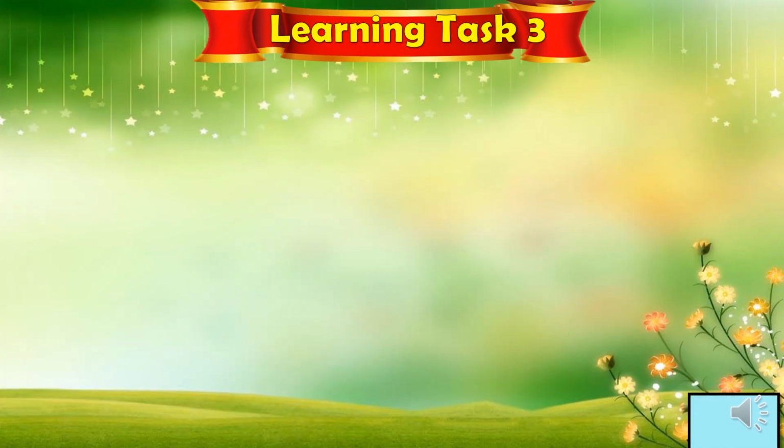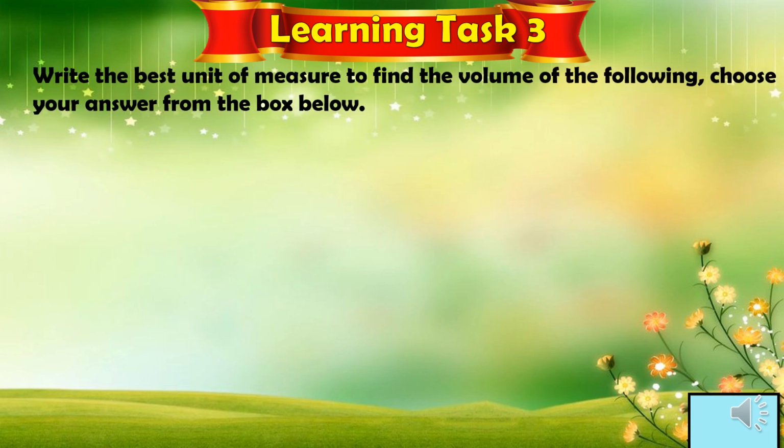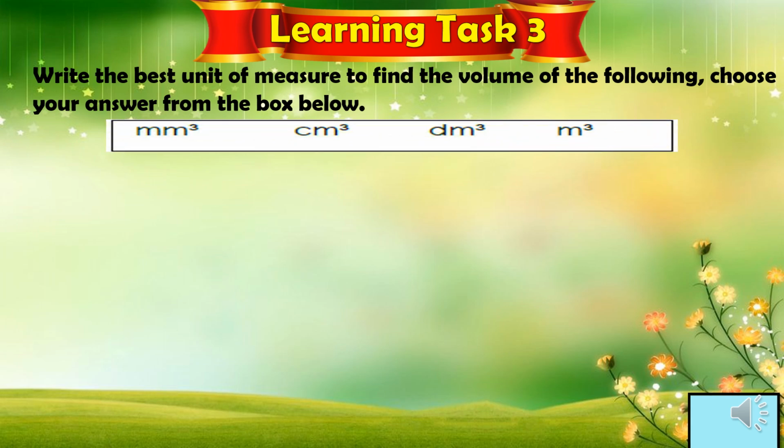Okay, for learning task number 3, write the best unit of measure to find the volume of the following. Choose your answer from the box below. These are the choices: cubic millimeter, cubic centimeter, cubic decimeter, and cubic meter.